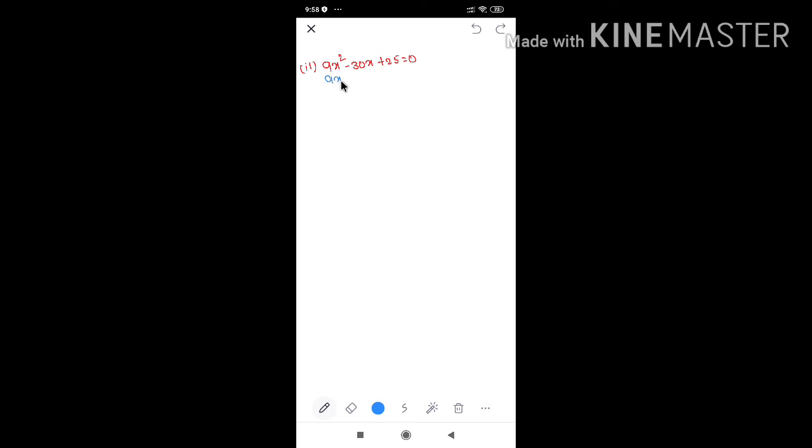Same, I am writing ax² + bx + c = 0. a is equal to 9, b is equal to −30, c is equal to 25.